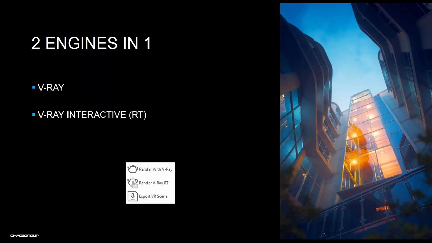As I mentioned, V-Ray has two different engines. It's one V-Ray engine, split into different pipelines or workflows. The first is V-Ray Advanced or Production, rendering with progressive or with buckets, and then V-Ray Interactive, aka V-Ray RT.